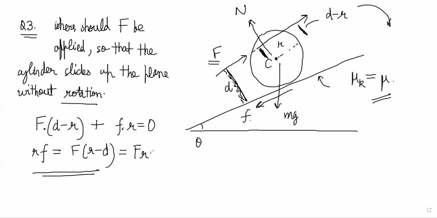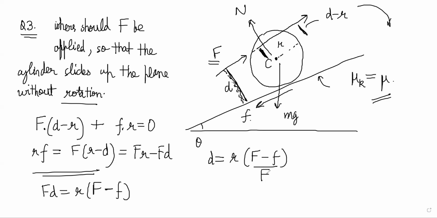We get F times r minus F times d, so F times d is equal to r times F minus small f. So d is equal to r times F minus small f by F, which is d equals r times 1 minus f by F. And f is mu mg cos theta.